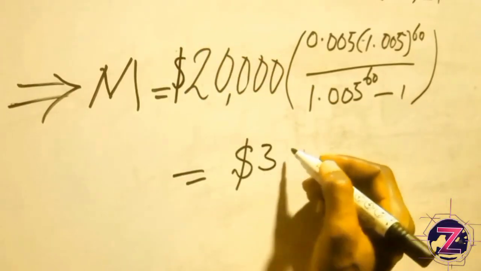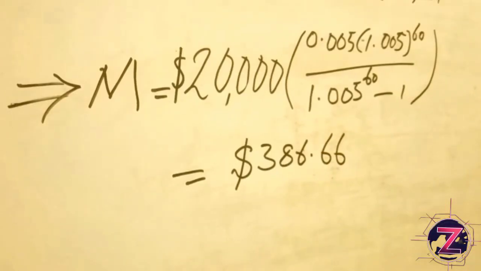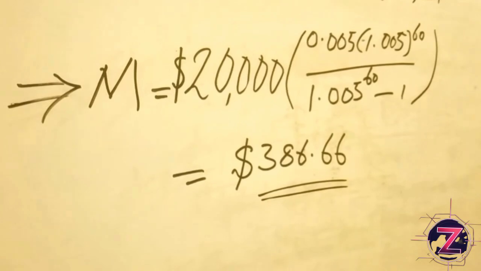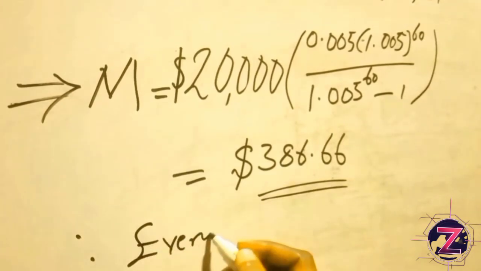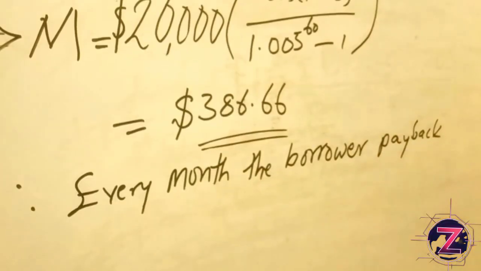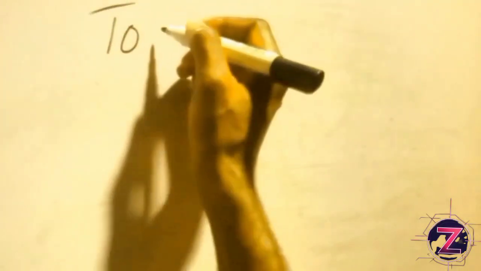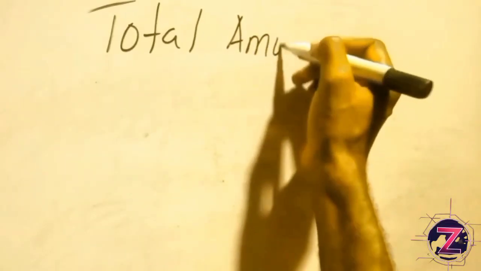This will give you $386.66 as our monthly payment. Therefore, we can say that every month the borrower will have to pay back $386.66.